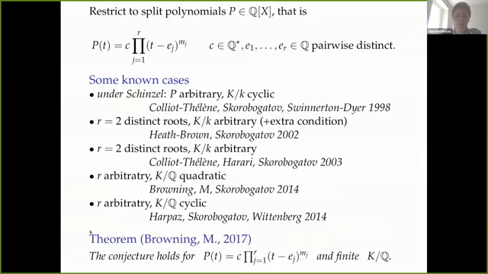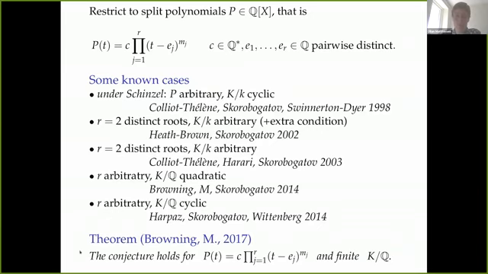And then we went back in joint work with Browning to the setting of our previous work with Skorobogatov, and we proved that the conjecture also holds in the case of polynomials with an arbitrary number of distinct roots and for arbitrary finite extensions over Q.